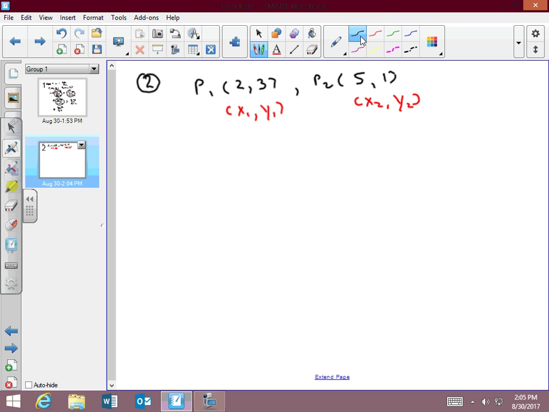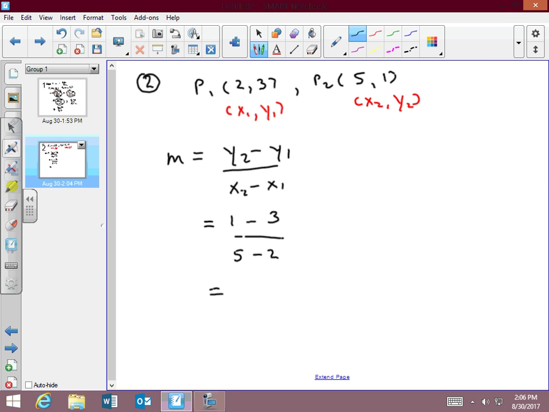So now when I do my slope, it's going to be y2 minus y1 over x2 minus x1. I would suggest until you're really comfortable with it, you write the formula out so that you make sure and get the right numbers. So y2 is going to be what? 1, and y1 you're going to subtract 3. x2 is 5, and x1 is 2, so you're going to subtract 2.